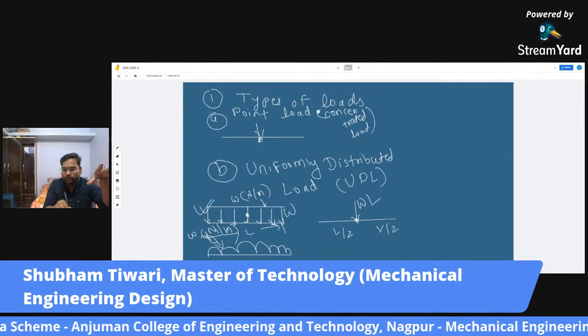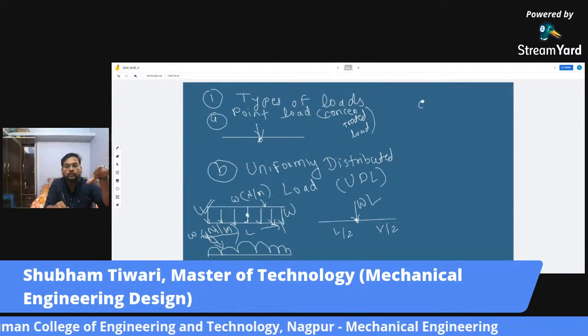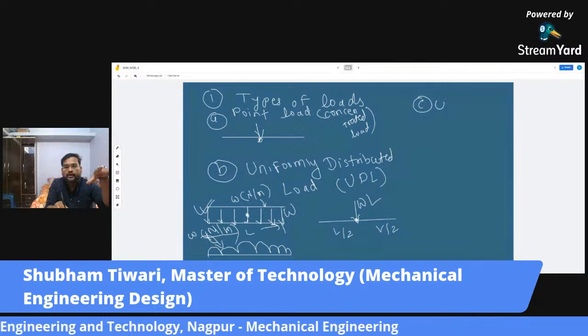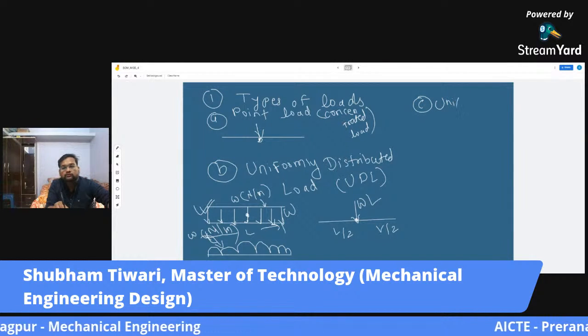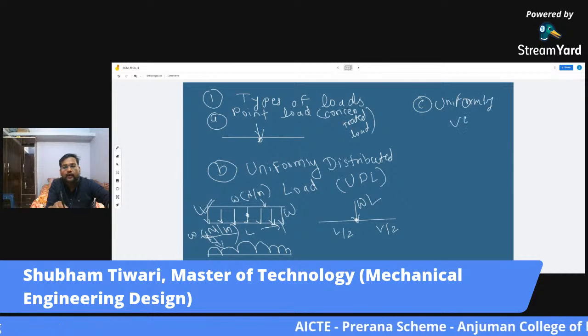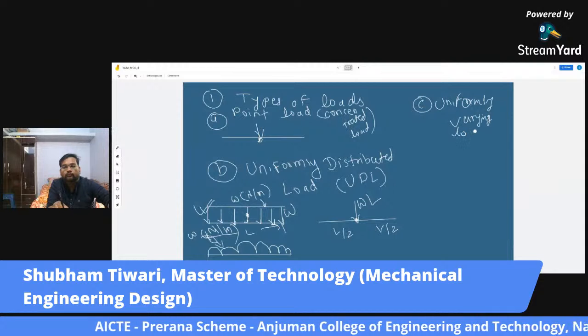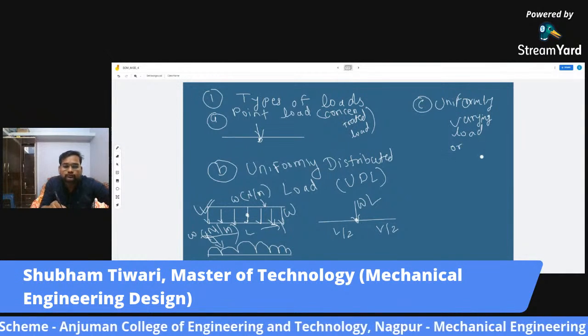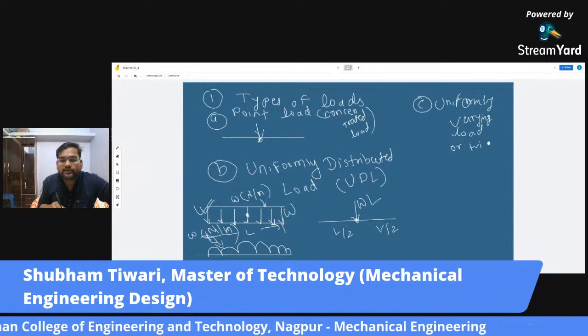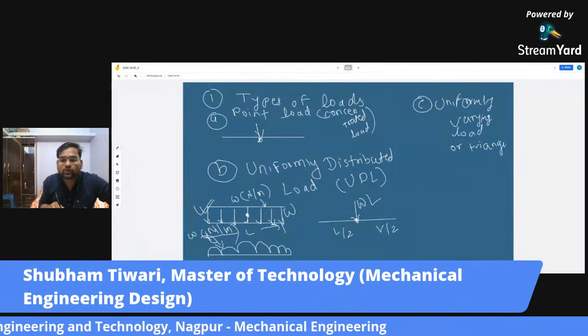Now the third load is uniformly varying load, or triangularly distributed load, or I will just say triangular load.